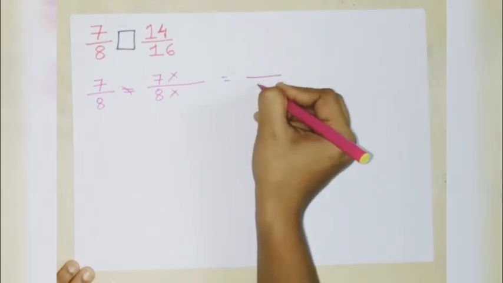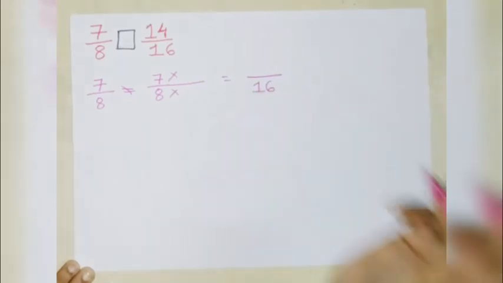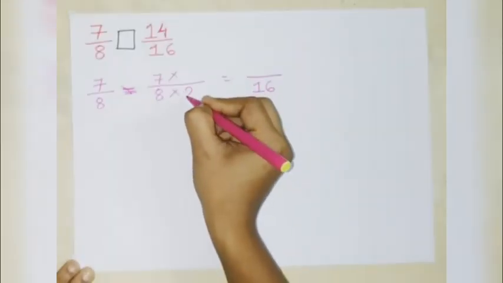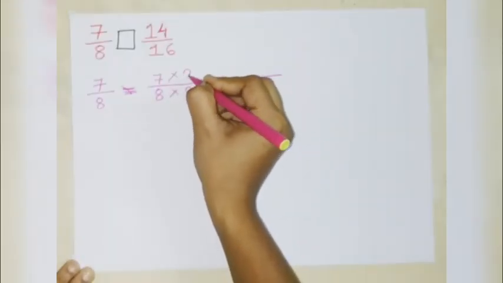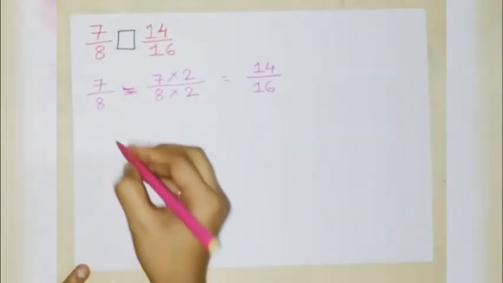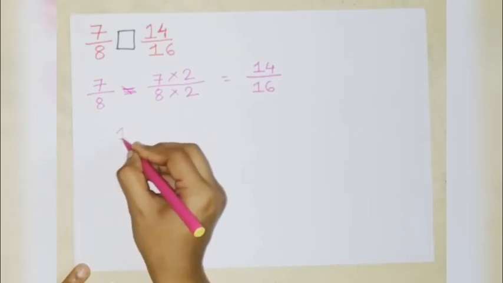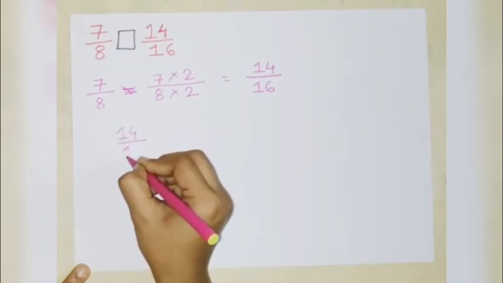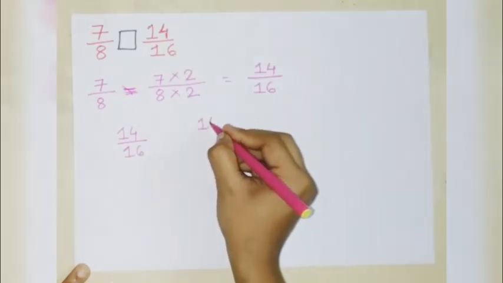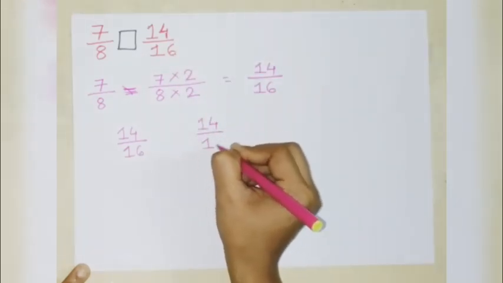We want in denominator 16. So children, 8 twos are 16, 7 twos are 14. See here, we got the answer 14 upon 16. Here we are already having 14 upon 16.